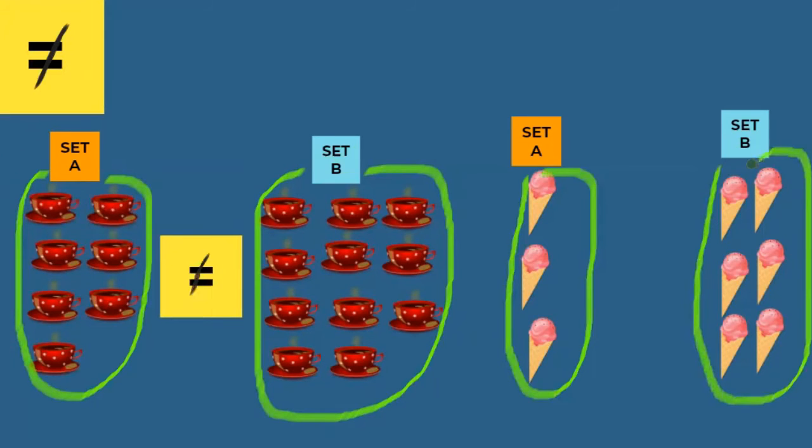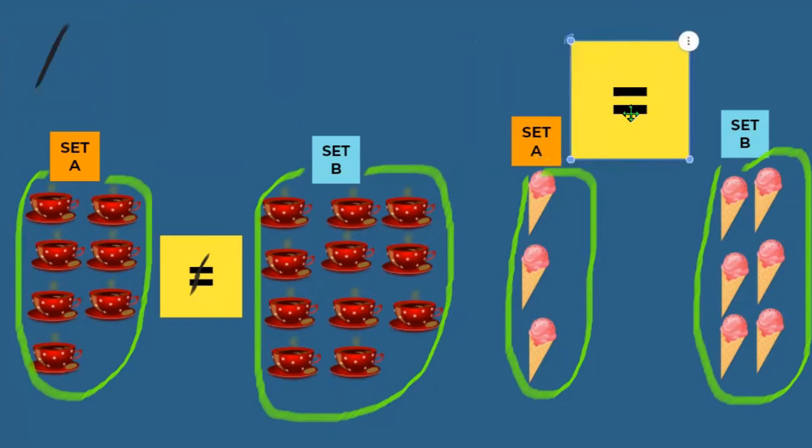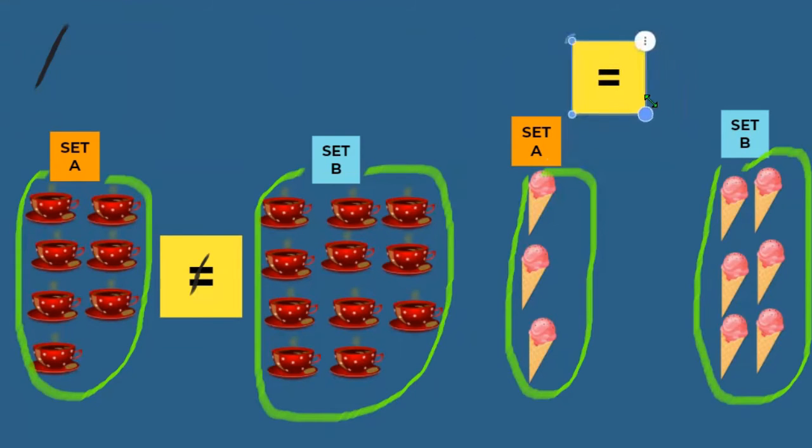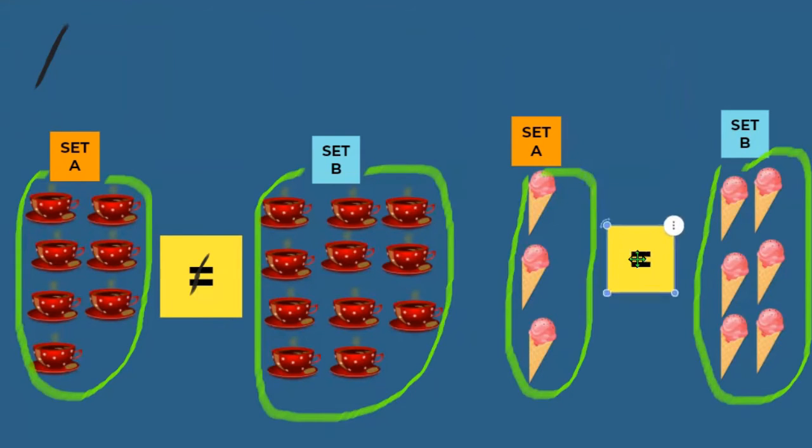In set A, there are 3. In set B, there are 6. Now look carefully. Can we see both set A and set B with the same amount? No, we cannot. Therefore, they are not equal because they do not have the same amount.